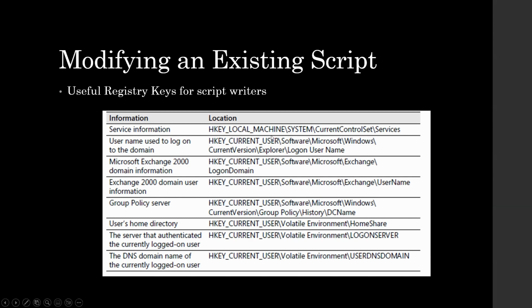For example, the group policy server is always located under HKey current user, software, Microsoft, Windows, current version, group policy history, and DC name on every Windows machine, unless it's been changed. We can get that information for the current user at any point in time by using these locations.